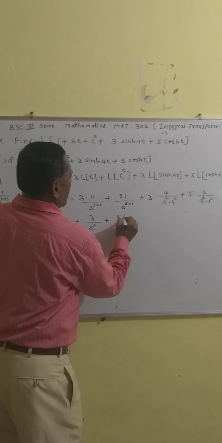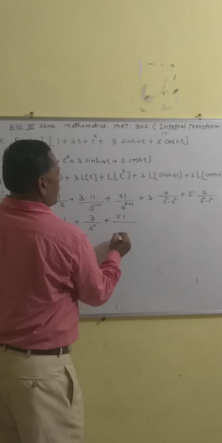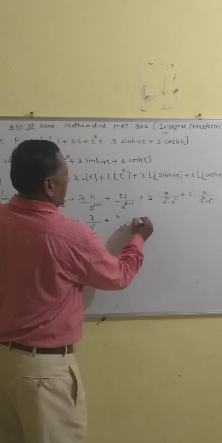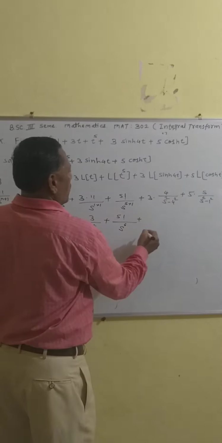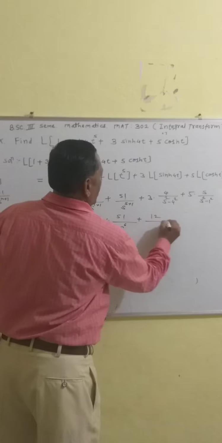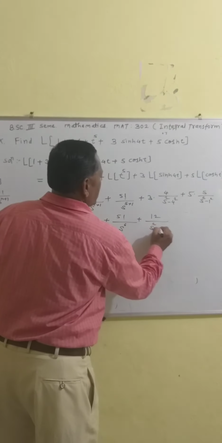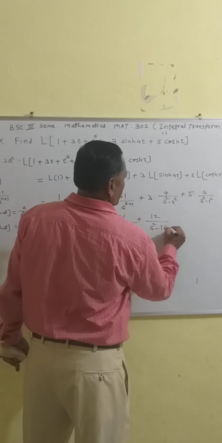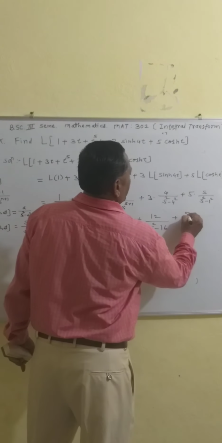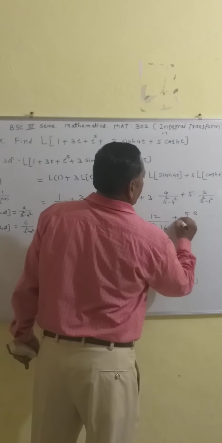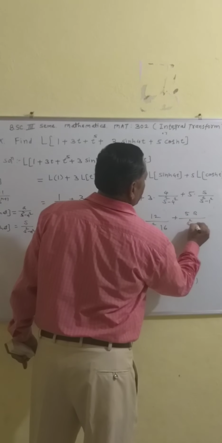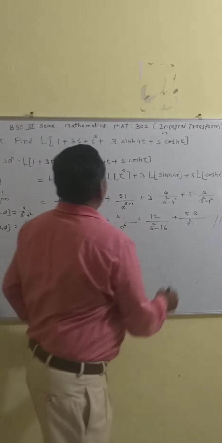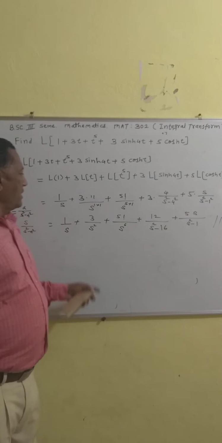Factorial 5 upon s raised to 5 plus 1, meaning s raised to 6, then plus 3 into 4, 12 upon s square minus 4 square, or you can write s square minus 16, then plus 5s upon s square minus 1. So this is the Laplace transform of the given function.